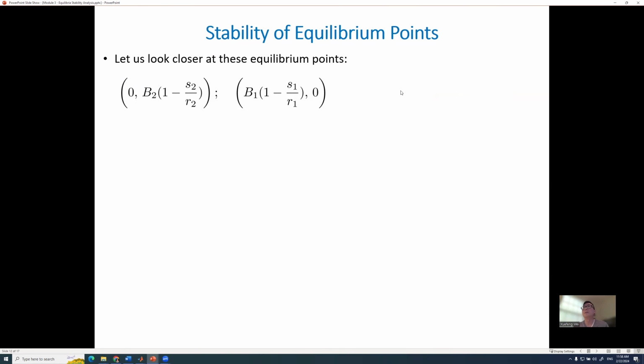I forgot to mention this first. For both populations, the loss rate should be lower than the production rate. Otherwise, you can see that these two equilibrium points become negative, meaning negative density, which is unable to describe the proliferation process.